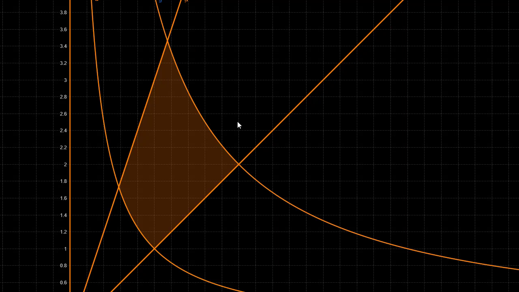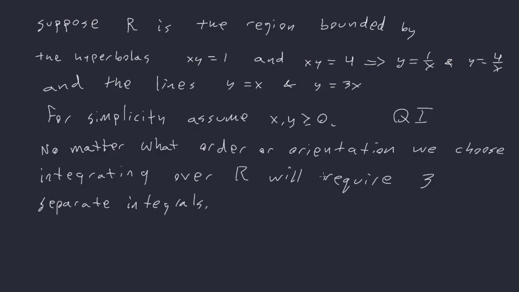So no matter how we oriented R, it would take 3 integrals to set up with pretty nasty looking limits. Our uv-substitution is to help us avoid situations like this. Just to reiterate, no matter what order or orientation we choose, integrating over R will require 3 separate integrals, and we never want that if we can avoid it.